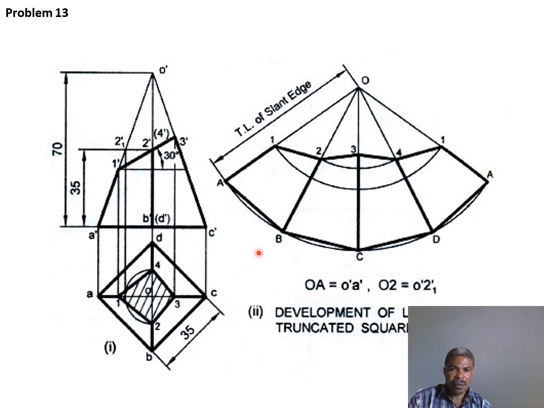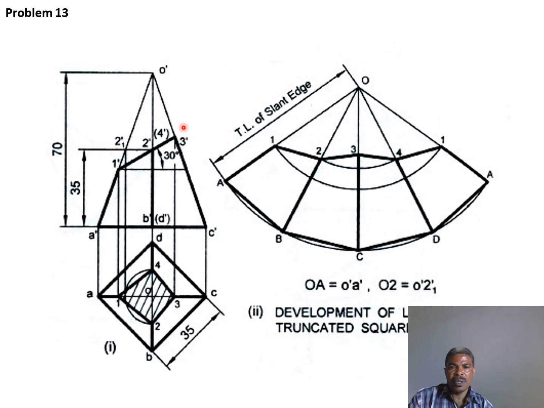how one can obtain the true length of the slant edge. See how this has been placed. Yeah, now it becomes true because it is emerging from the edges, as you can see here. Emerges from the edges.